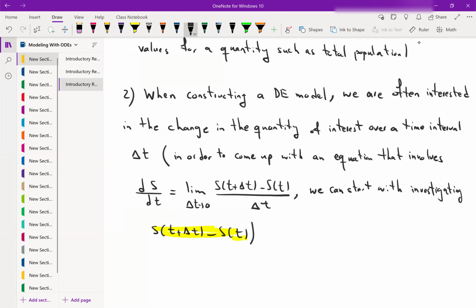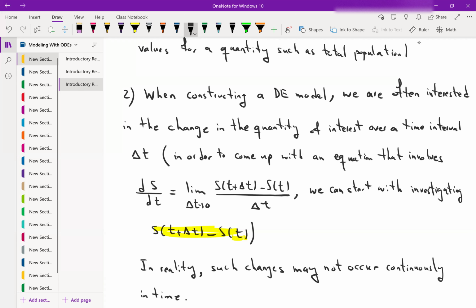In reality, such changes, the change in the value of S from t to t plus delta t, may not happen continuously in time. Let me explain this further.